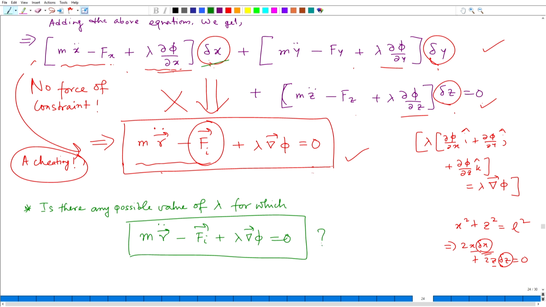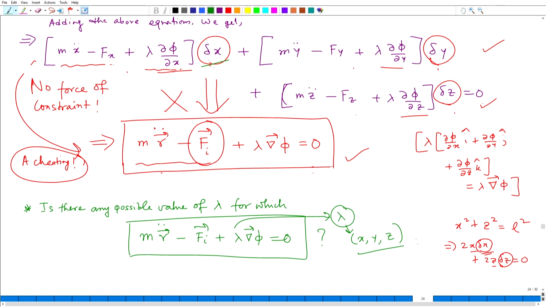This is a question. Actually, you can show that yes, there exists a specific value or a specific functional form of lambda. Okay. So, lambda is actually a function of x, y, z. For the time being, I just write x, y, z. Yeah, it can be a function of t as well.